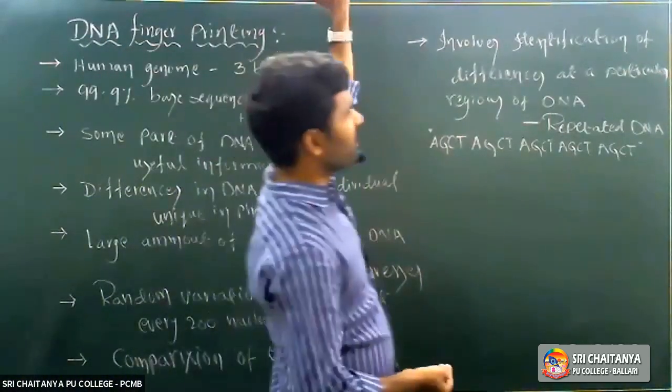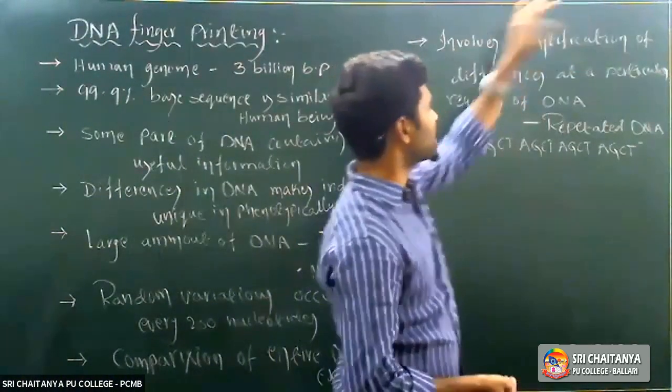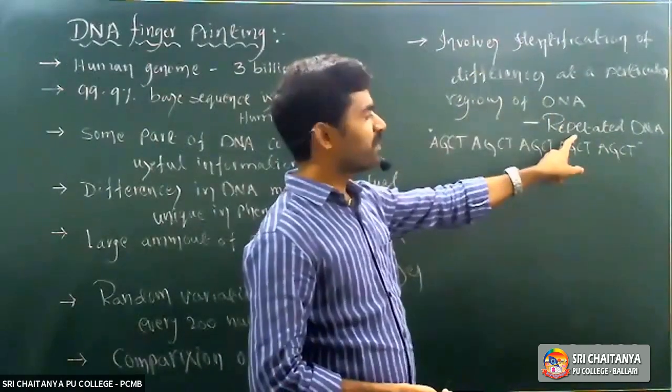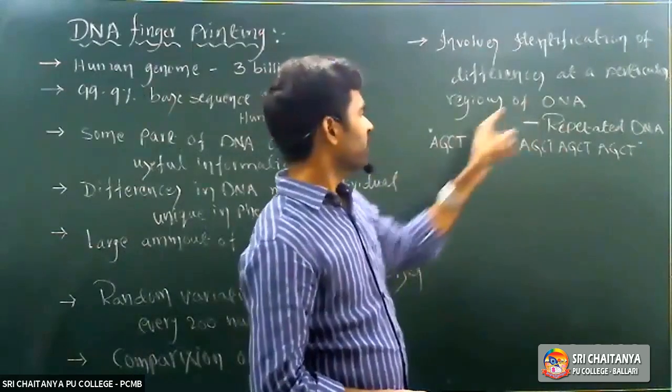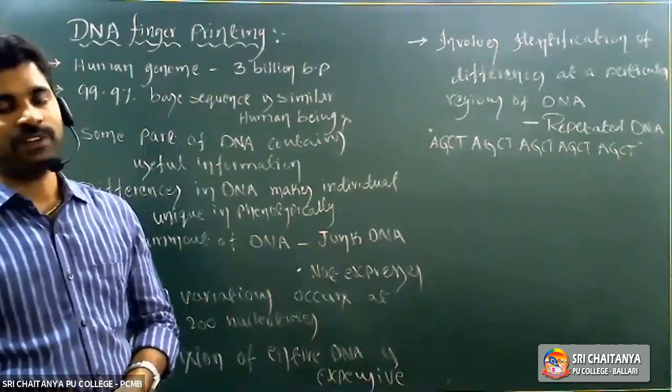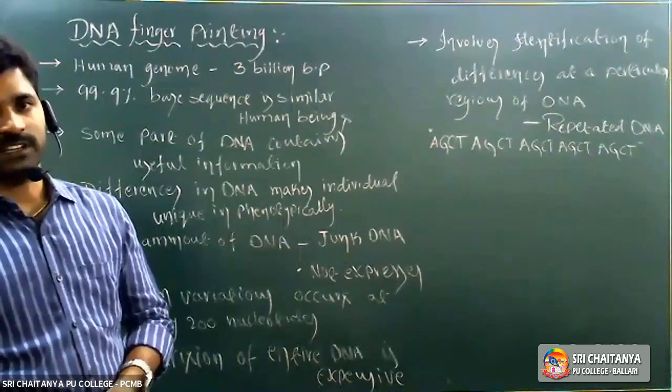So the DNA fingerprinting process involves identification of differences at particular regions of DNA called repeated DNA, right? That repeated DNA is separated from the junk DNA when we perform the centrifugation technique, right?